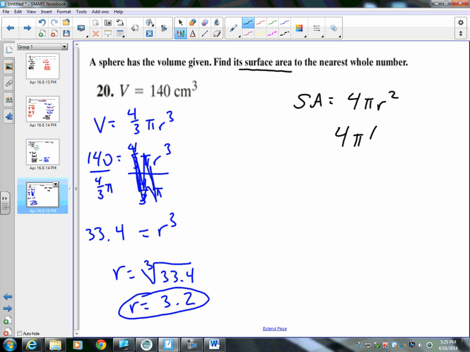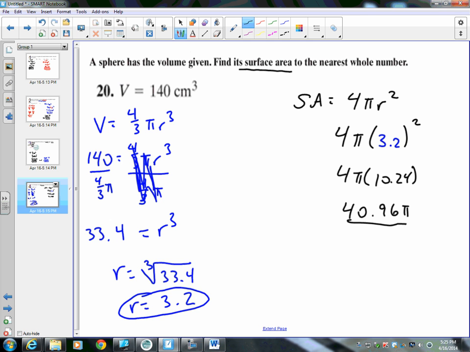So now we can plug radius into our surface area equation. 4 pi, radius is 3.2, and we're going to square that. So 3.2 squared is 10.24. 10.24 times 4 is 40.96 pi.